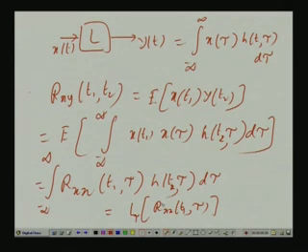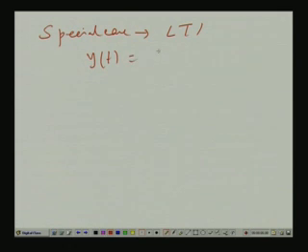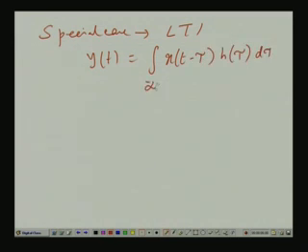Okay. In the special case where it is LTI, it is time invariant also. Let us see what happens. Special case, LTI. In such case, I know that y(t) is the convolution. So what is R_xy(t1, t2)?